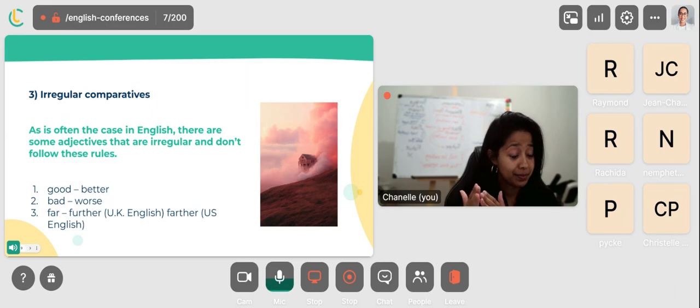Good will become better as our comparative. So, for example, this meal is good, but the meal I had yesterday is better. Bad becomes worse, and far becomes further. Further is for United Kingdom English, but it becomes farther for US English.